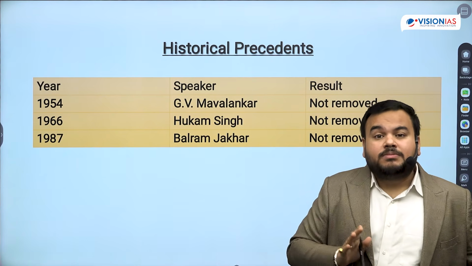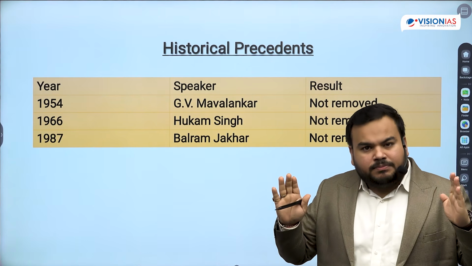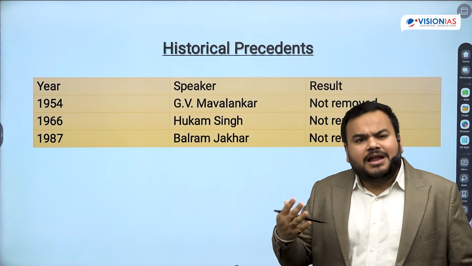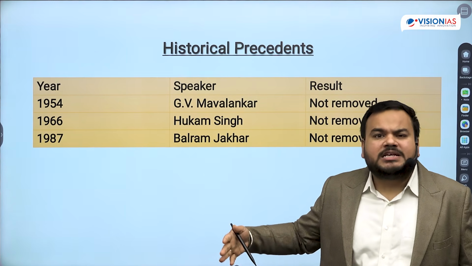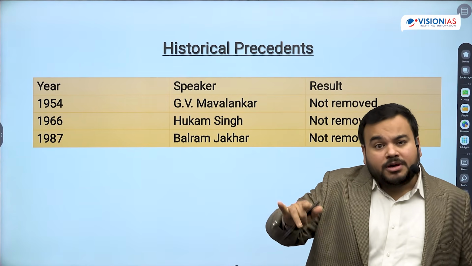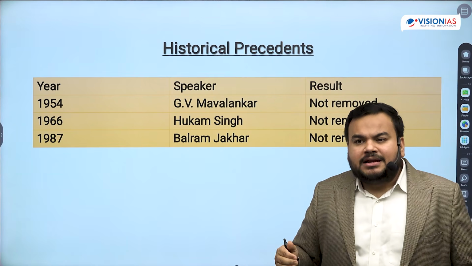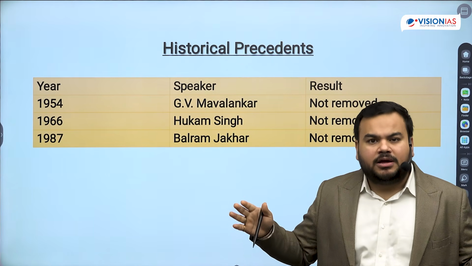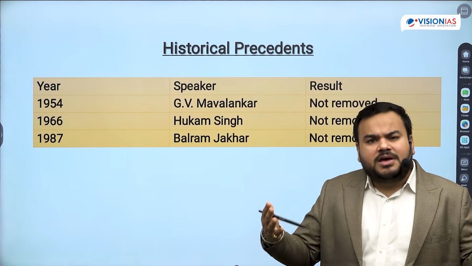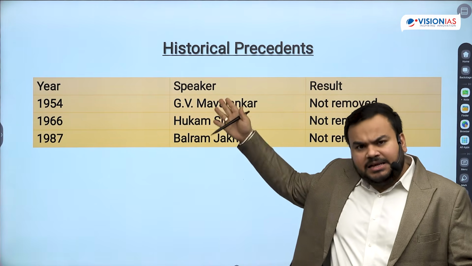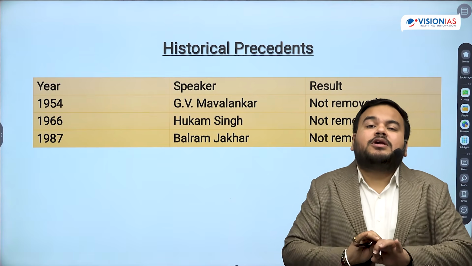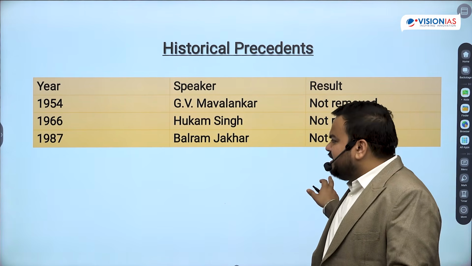So there could be statement questions in the prelims examination on the basis of these facts. There could be a statement that no Speaker has been removed, or that no motion has been introduced against any Speaker in history. So this is where questions could be framed. 3 times a motion or a resolution has been introduced, but it has not passed. That is a basic condition.